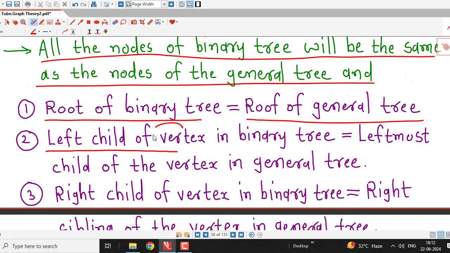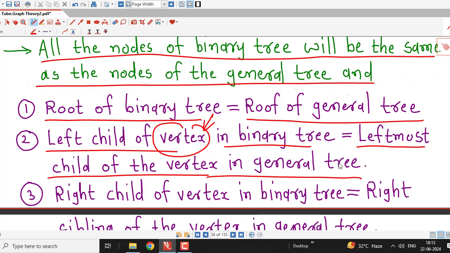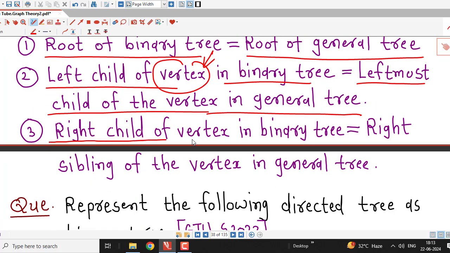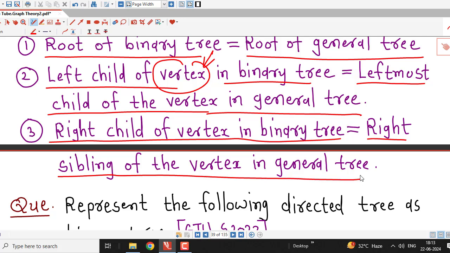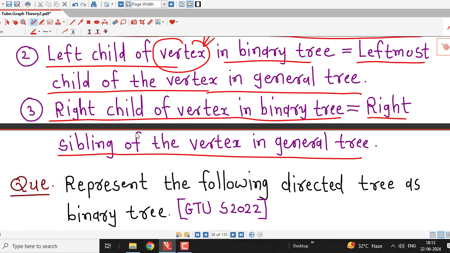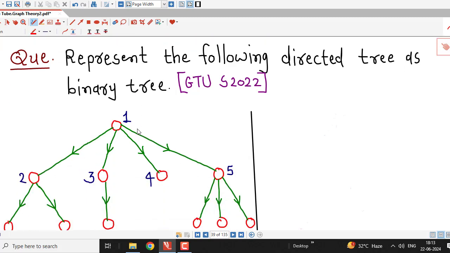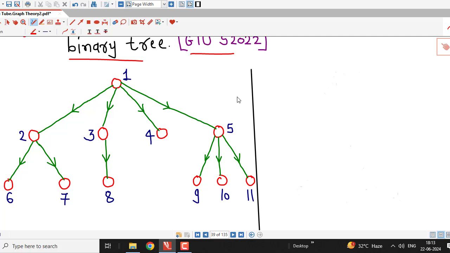The left child of any vertex in the binary tree is the same as the leftmost child of that vertex in the general tree, and the right child of a vertex in the binary tree is the same as the right sibling of the same vertex in the general tree. With these three remarks in mind, we can represent this directed tree as a binary tree, and this question was asked in the GTU Summer 2022 exam.